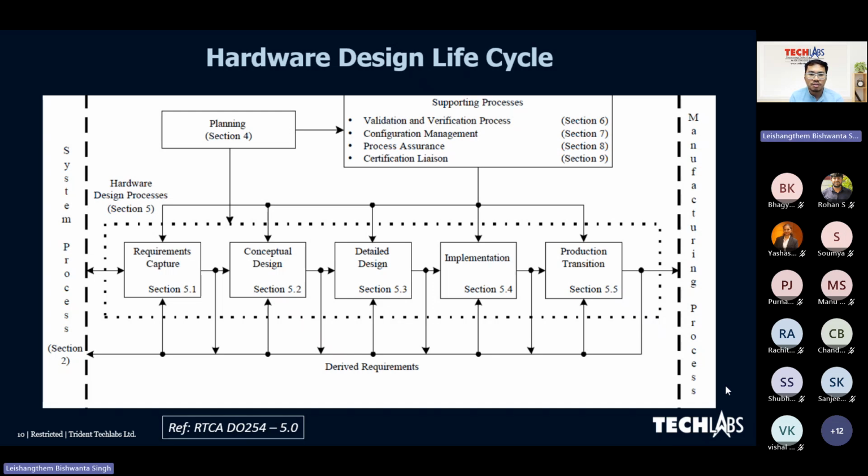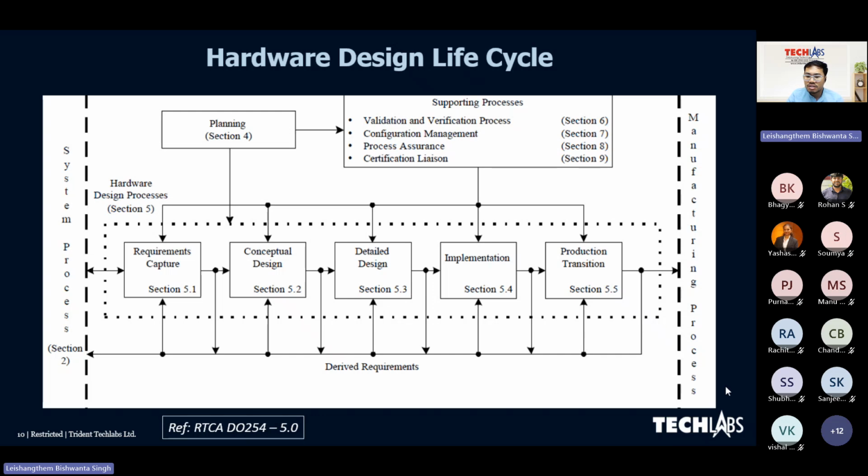Let's talk about each of these processes briefly, and in later slides I will talk more about them. There are three major processes in this hardware design lifecycle of DO-254: the planning process, the hardware design process, and the supporting process. The planning process produces hardware plans, which are used by the hardware design process and the supporting process.